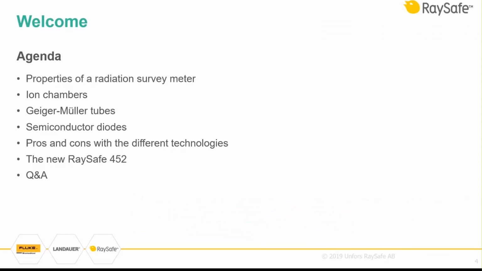It's important to know that all of these have their pros and cons. And by the end of the webinar, I'd also like to introduce our recently launched Xray 452, which actually combines different technologies, and we look at how that provides the measurement behavior it has.